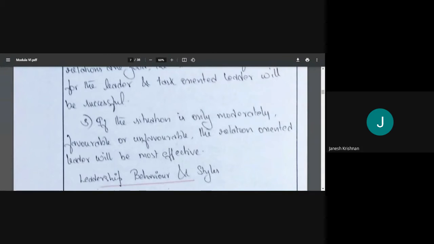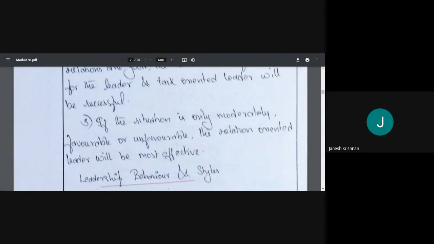Clear? So what are the three cases? First case is everything is bad. You don't have power, the task structure is unclear, and the relationship between members is moderately poor. It's not bad, but it's moderately poor. In that case, you can follow the task-oriented leadership style, and you'll become a successful leader.